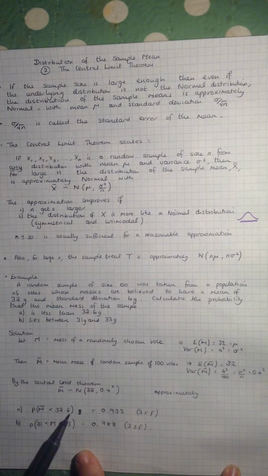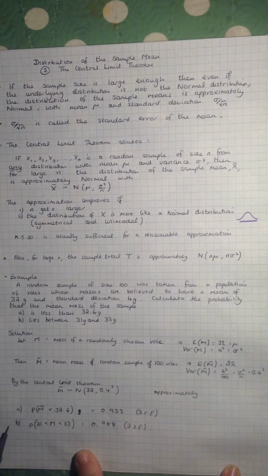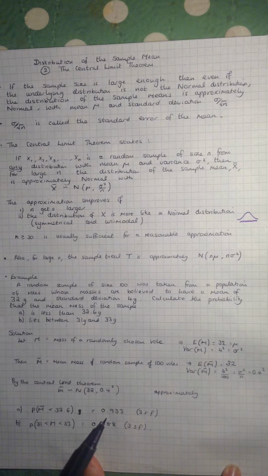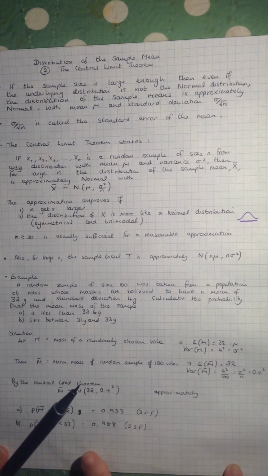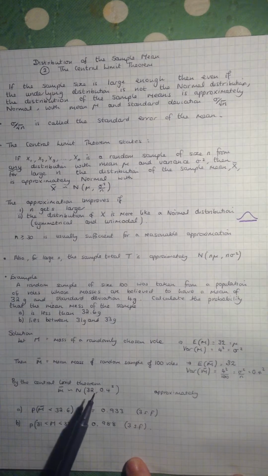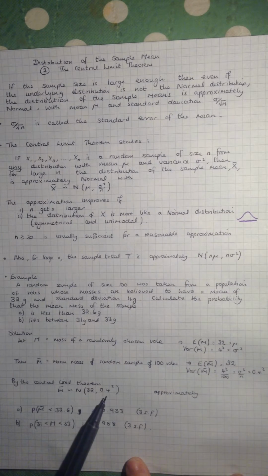We want less than 32.6, so 32.6 is our upper limit and our lower limit is a very large negative number, and that will give you on the calculator 0.933. Then for part B, if you enter the same information for mu and sigma squared, we've got a lower limit of 31 and an upper limit of 33, and we get 0.988.